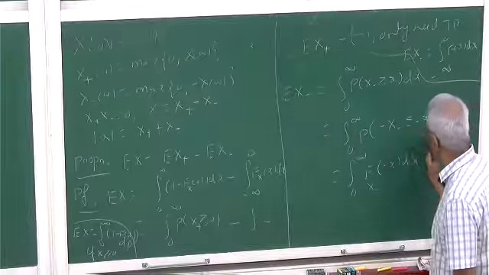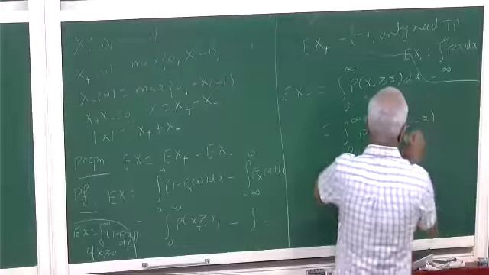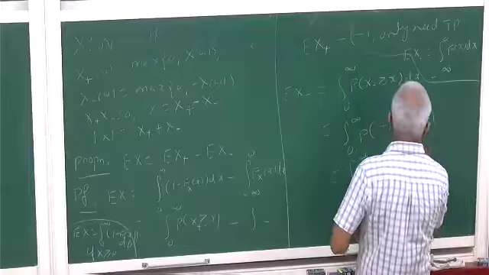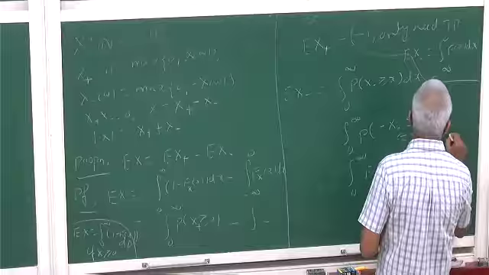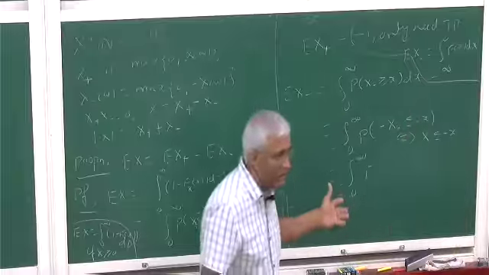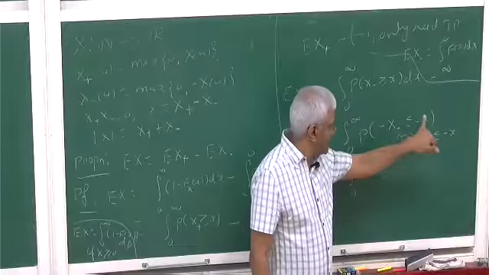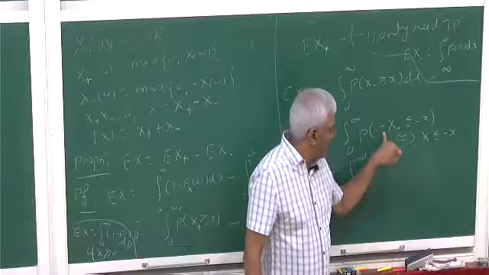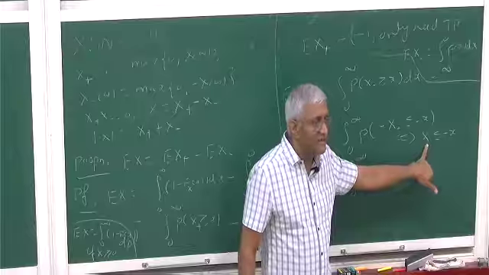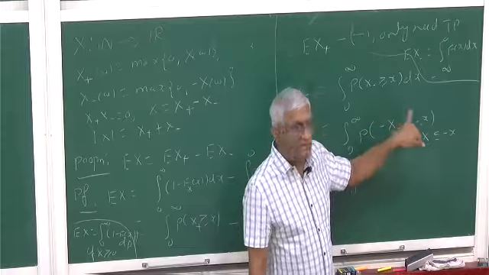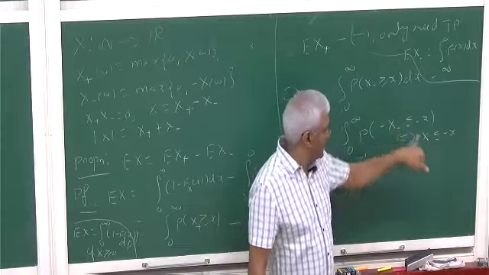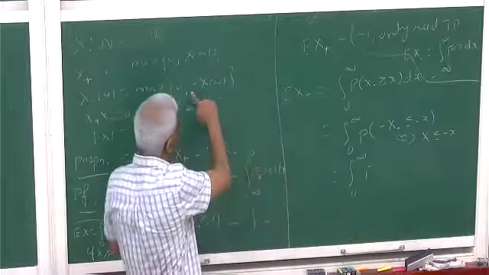Minus x minus being less than or equal to minus x is equivalent to saying x is less than or equal to minus x. x is positive, so minus x is negative. When x is negative, minus x minus is equal to x. That's what this says.